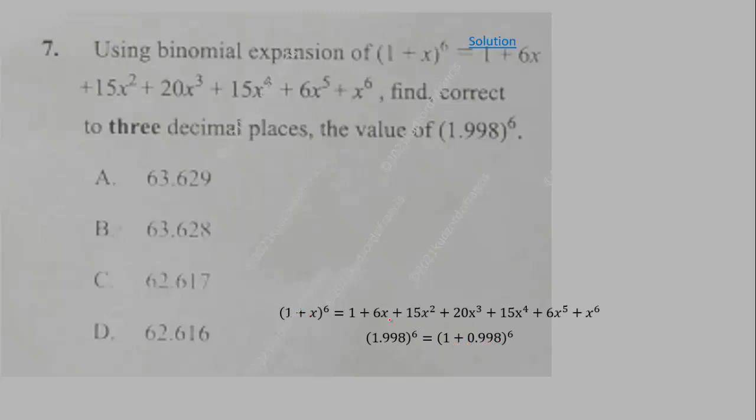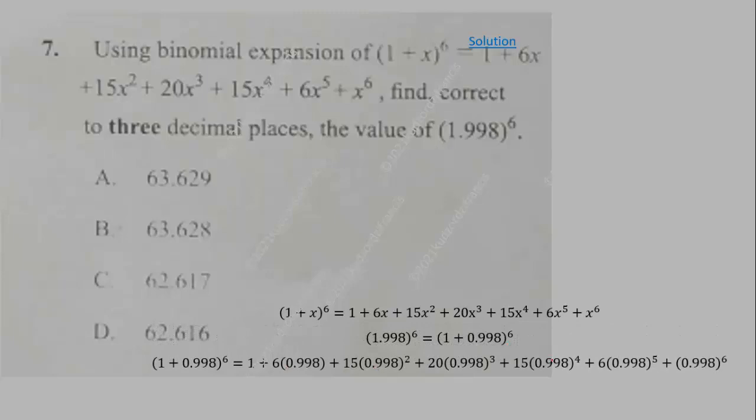So wherever you see x here, you substitute with 0.998. And that will give us this. Now when you simplify all of this, you get this. 63.616958720096. And when you approximate it to 3 decimal places, you get 63.617.